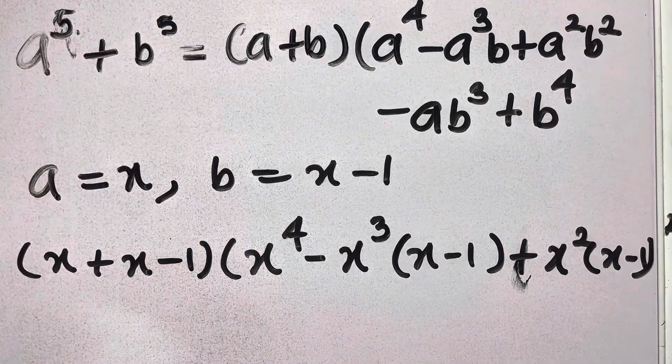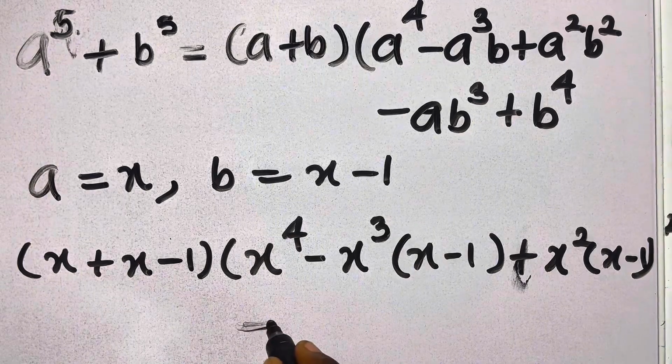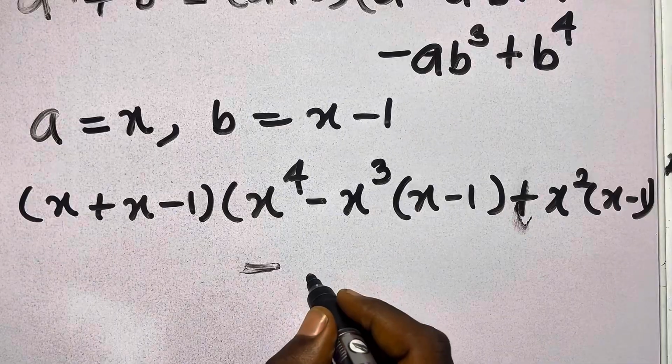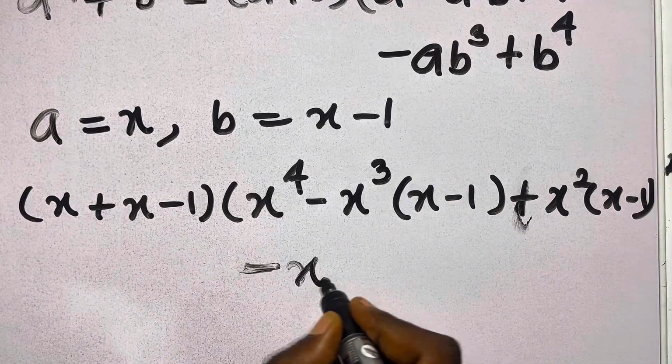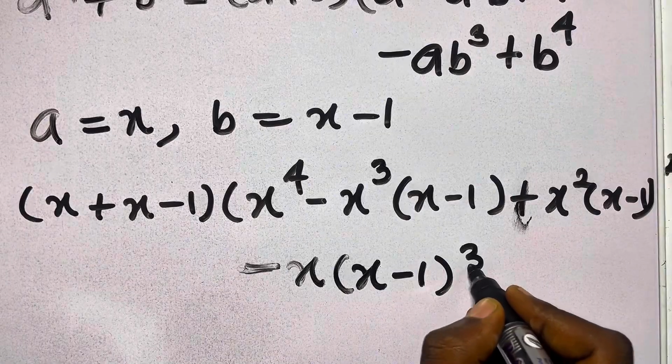All right, so we still have minus x multiplied by x minus 1 raised to the power 3.